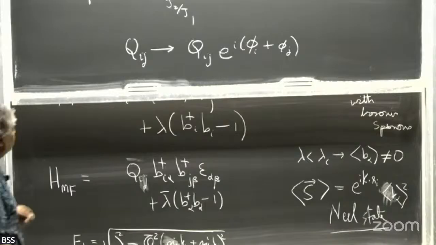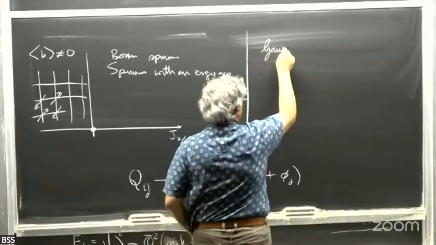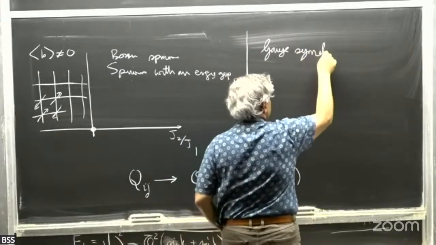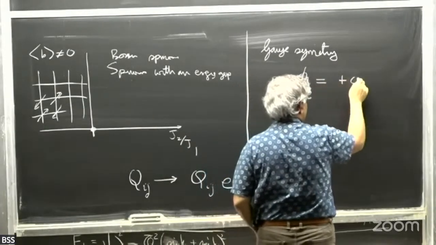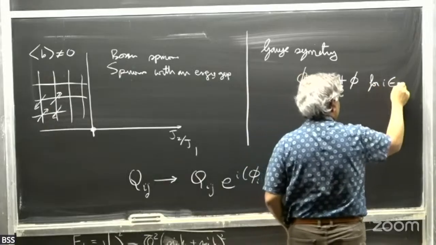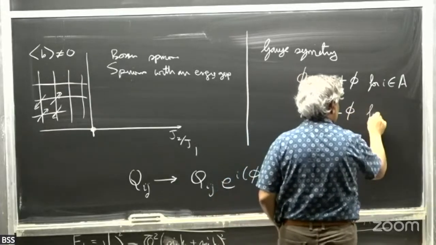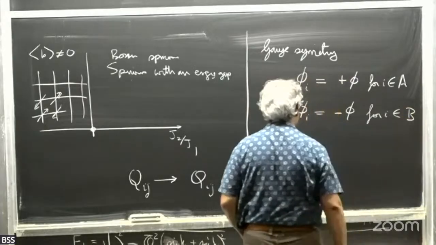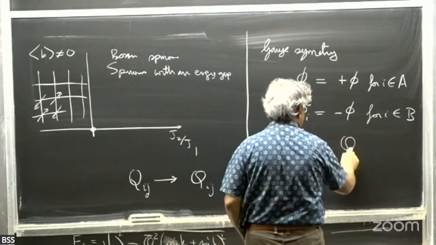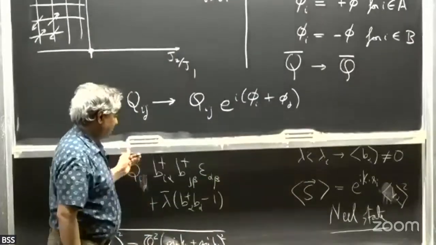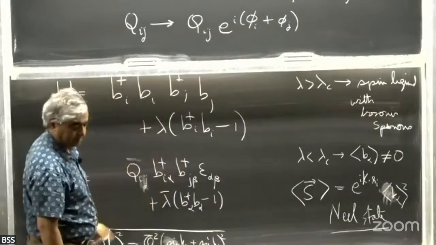So in that case, if I take a gauge symmetry where phi_i is equal to, say, plus phi for i belonging to the A sublattice, and phi_i is equal to minus phi for i belonging to the B sublattice, then the mean field Q bar goes to Q bar, because at least for nearest neighbor, it's a bipartite lattice, and I'm only taking this Q_ij on nearest neighbor bonds.